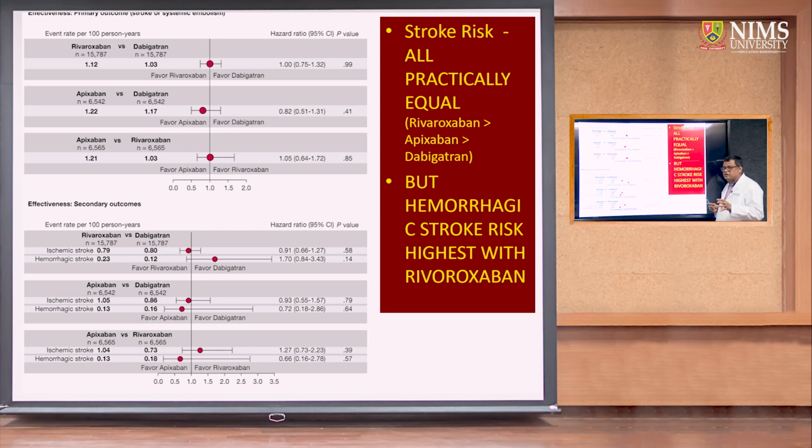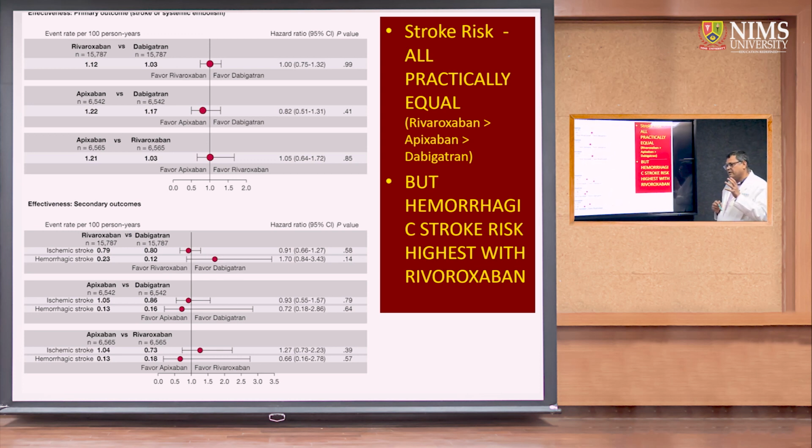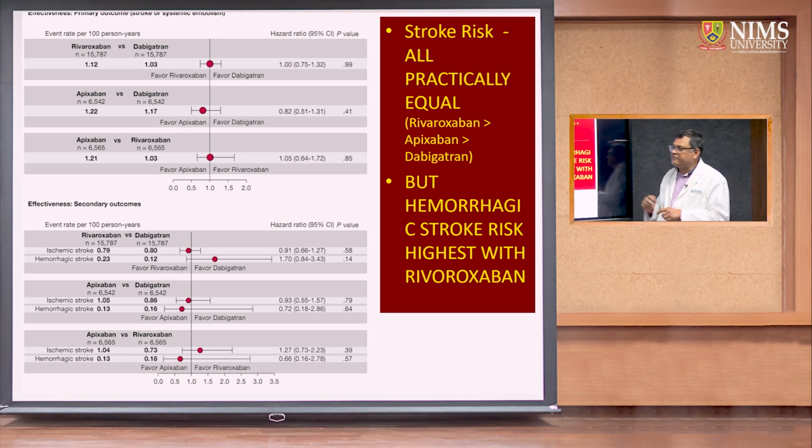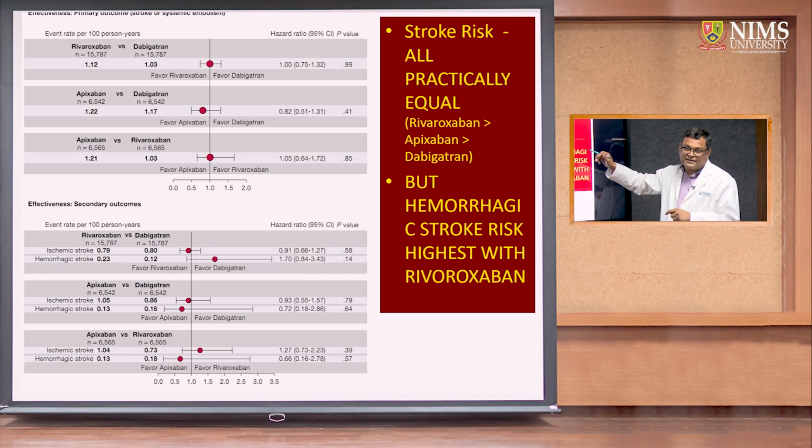So, rivaroxaban is more effective, but also more bleeding risk, especially at the dose prescribed, and we will come to that, because there are 2 types of dose. The other thing about rivaroxaban which is not there in other NOACs is that rivaroxaban also has a significant anti-ischemic or anti-arterial thrombosis effect, which other NOACs do not have that much.